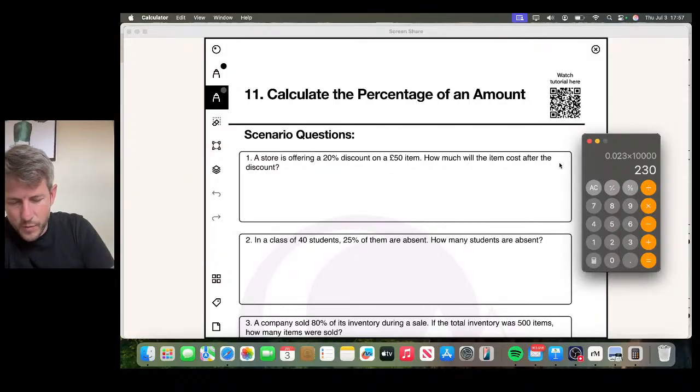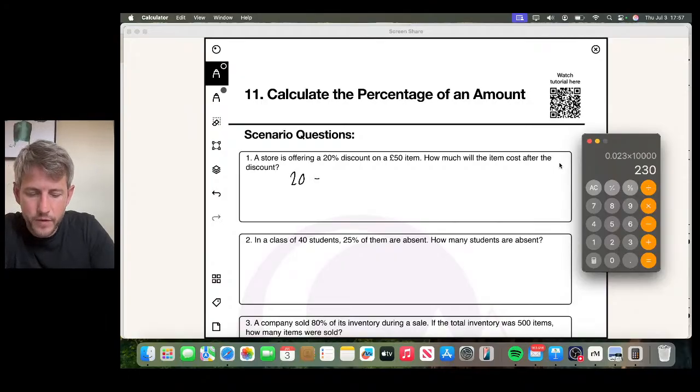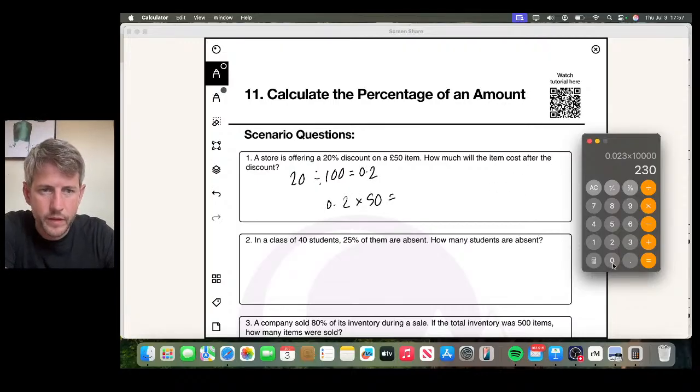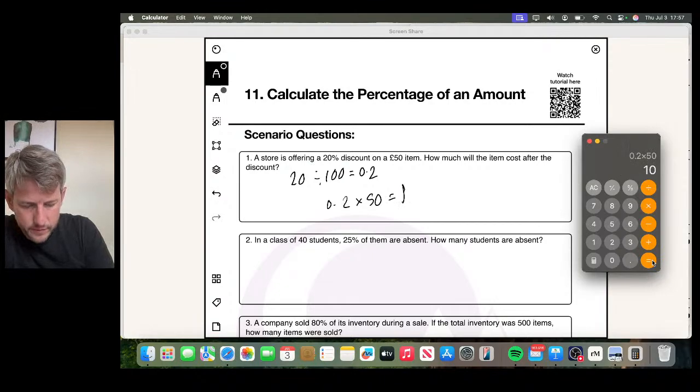Okay, great. So we're going to do 20 divided by 100 equals 0.2. 0.2 times 50 equals 10.